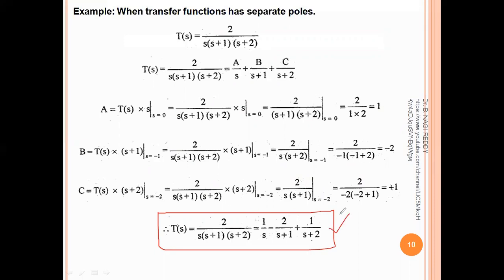This is how we do the partial fraction for case 1, where the transfer function has separate poles. In the next class we will discuss case 2 and case 3 with examples. Okay, thank you.